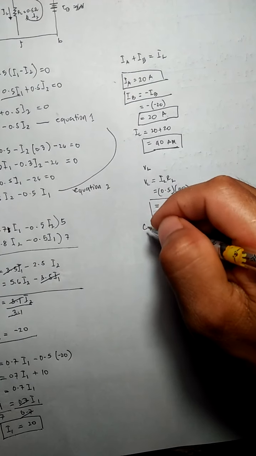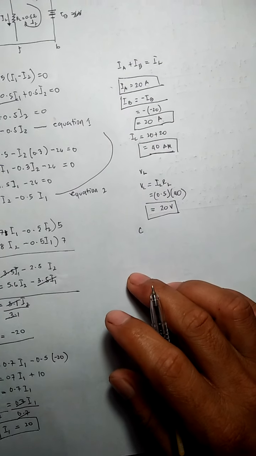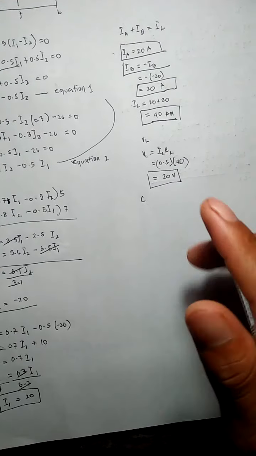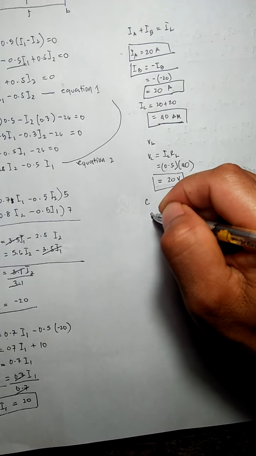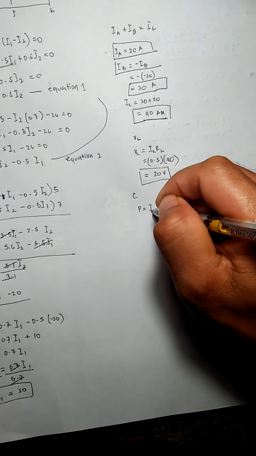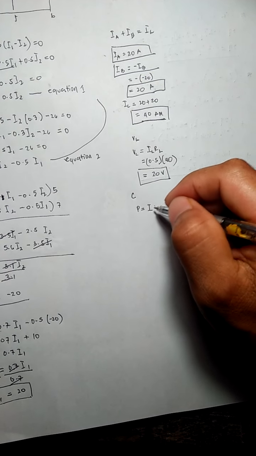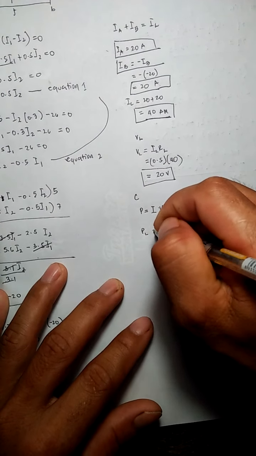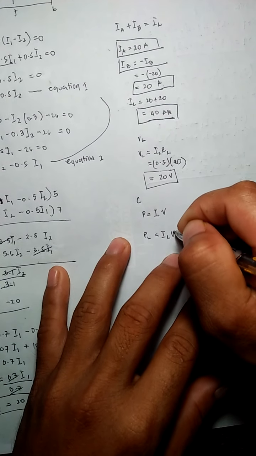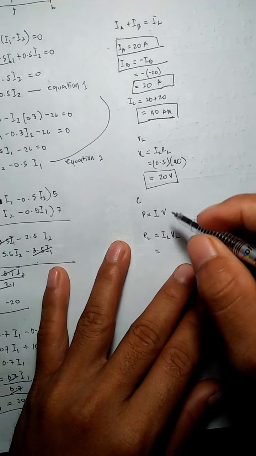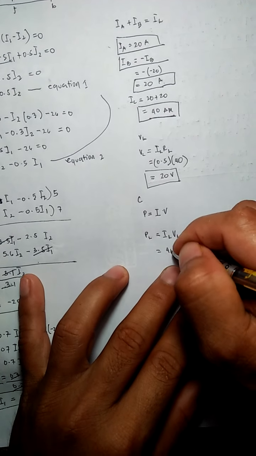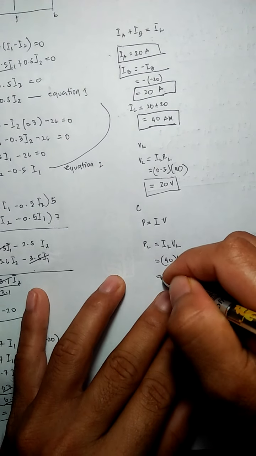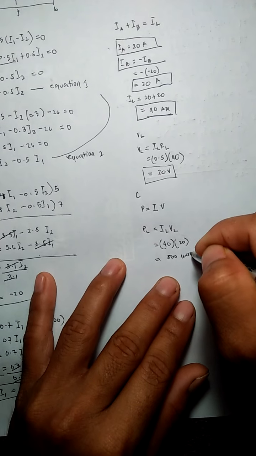Next is question letter C, the load and the battery power: PL, PA, and PB. Power is equal to current times voltage. So PL is equal to IL times VL, which is 40 times 20 volts, so it will result in 800 watts.